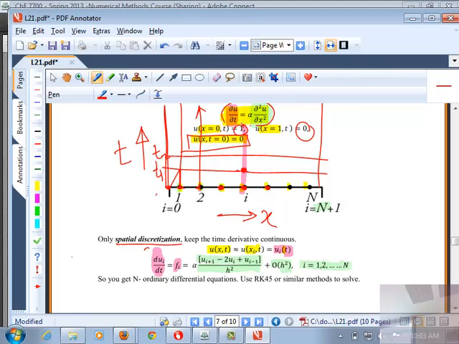And where does the boundary condition enter? When you evaluate the first function f1 for this point, for u1, you will have u0, which is from the left boundary. Similarly, when you evaluate it for the last function, that will involve un plus 1. Suppose I had given this, instead of saying 0, I say this is sine pi t. What would change in the problem?